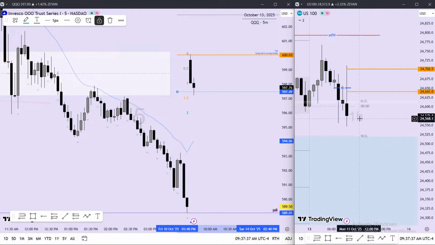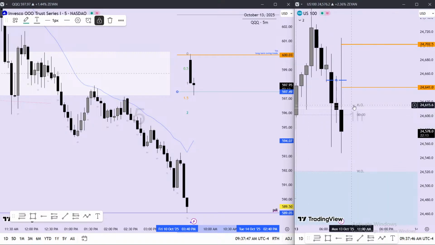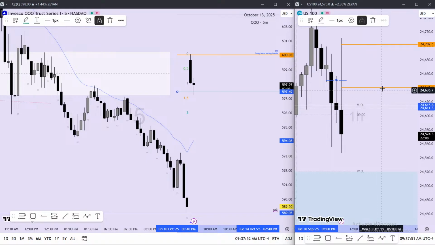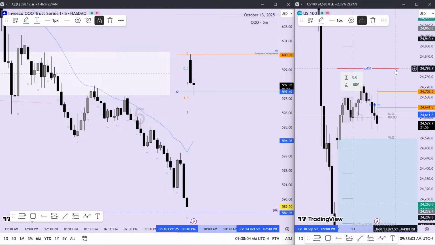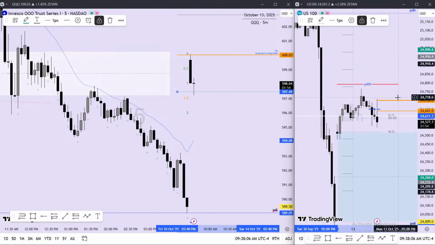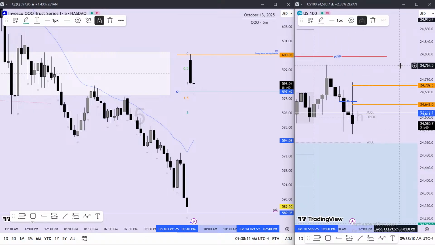We still have 22 minutes until this hour closes, so bulls need to be strong. Bulls do not want to close below these two white lines and 641. If bulls somehow get strong again, move above and close above 641, I'll be happy to take a long, aiming for 1 to 5 risk to reward for the swing trade, and for the scalp, I'll be taking a 1 to 1 risk to reward ratio.